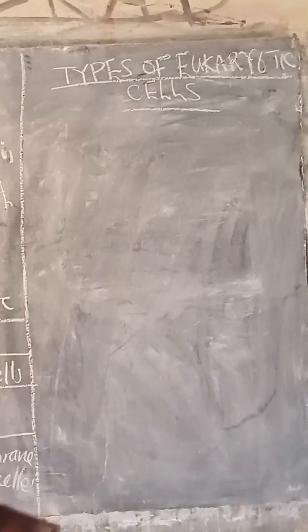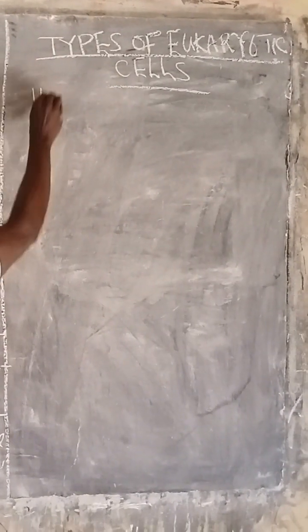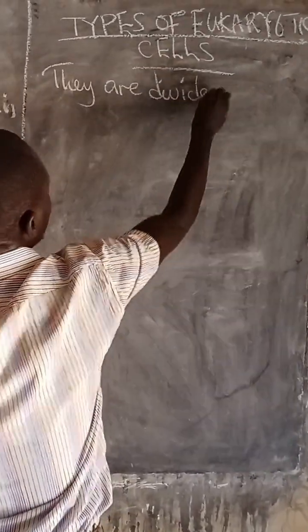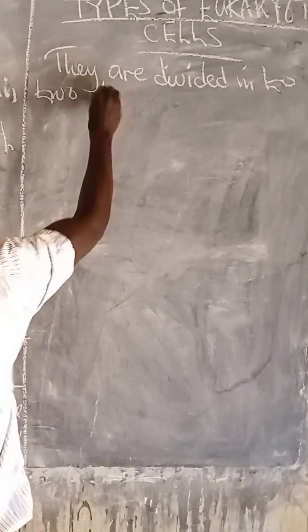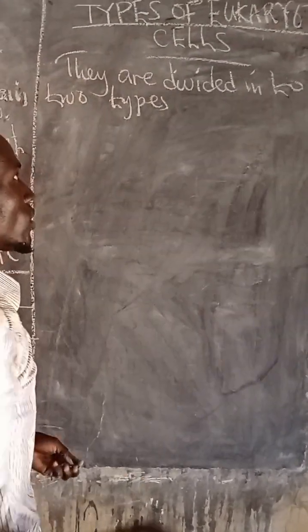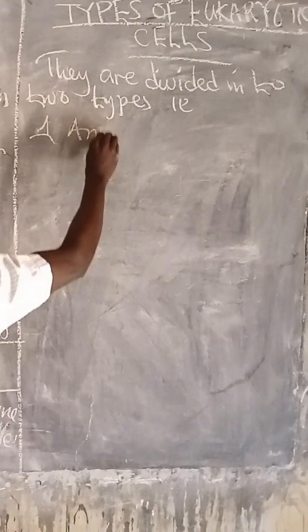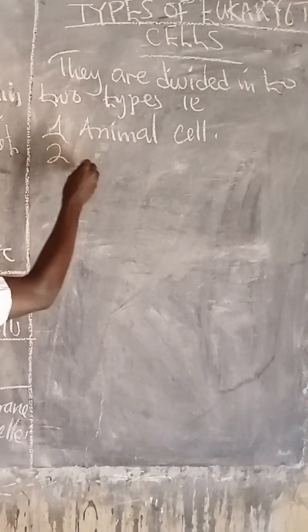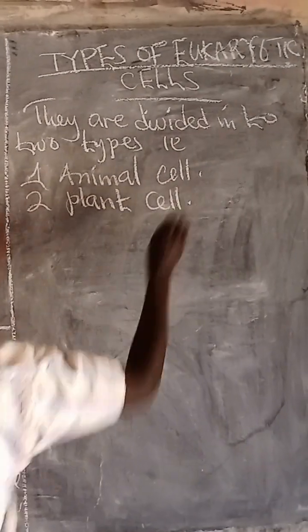Eukaryotic cells are divided into two types, namely animal cells and plant cells. So these are the two types of eukaryotic cells.